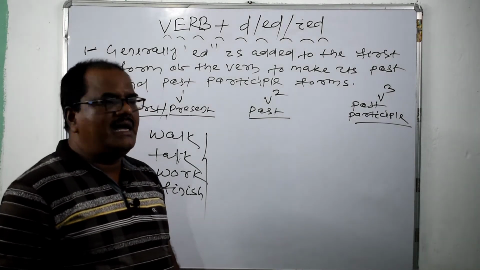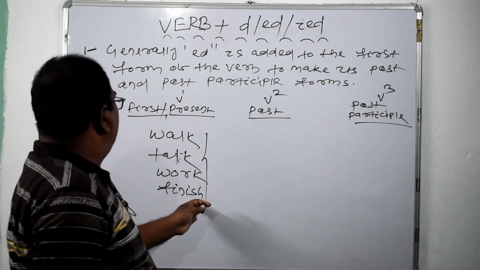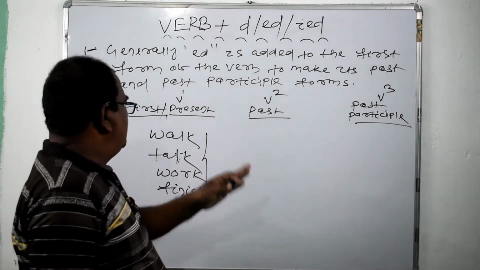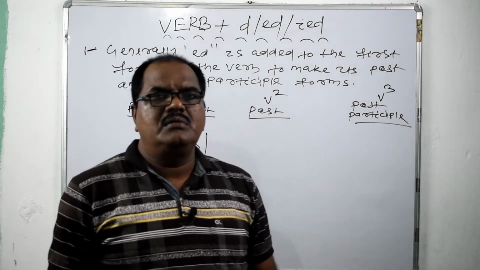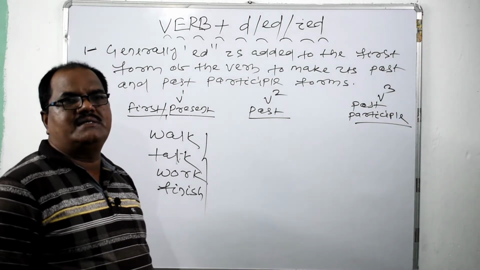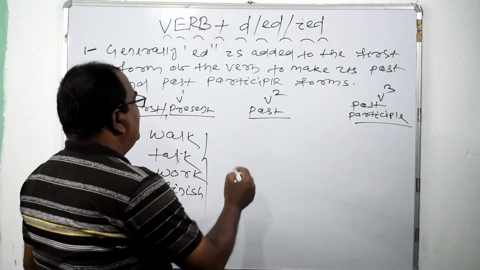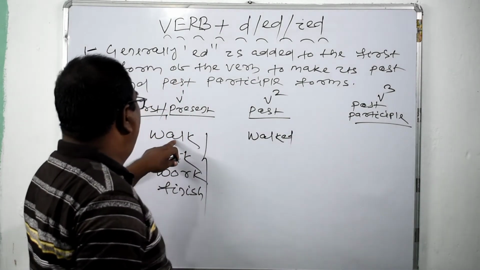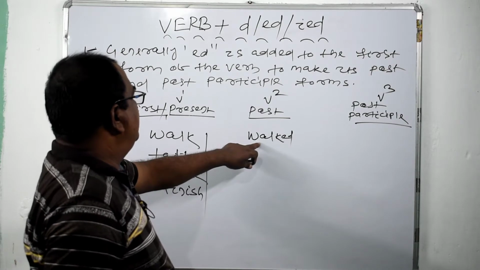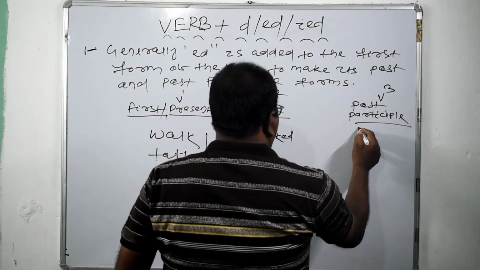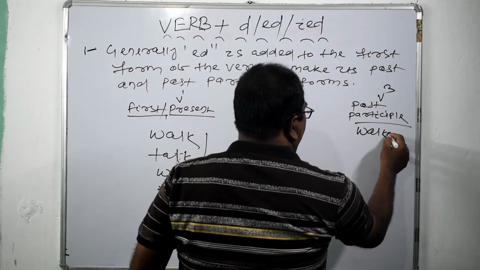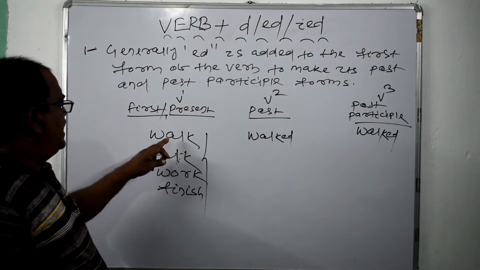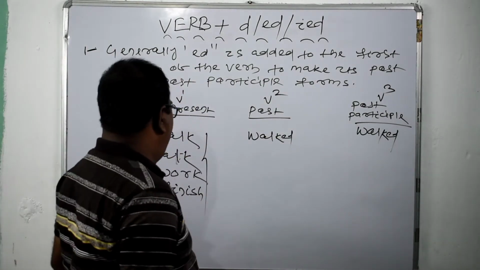At the time of adding ed to these present forms, we should not worry about any rules and regulations. Generally we add ed to the present form to make its past form, and in the same way, ed is added to the first form to make its past participle form.